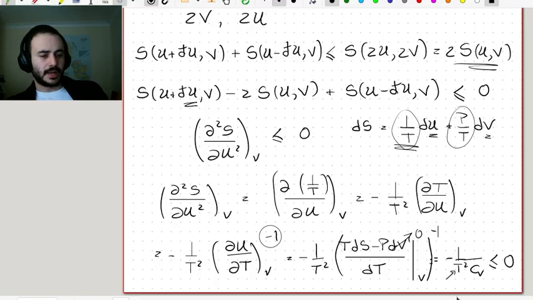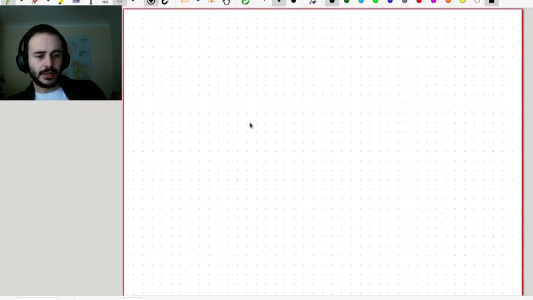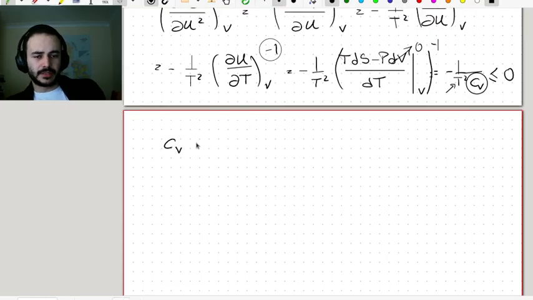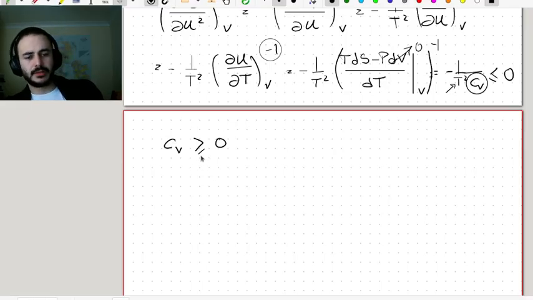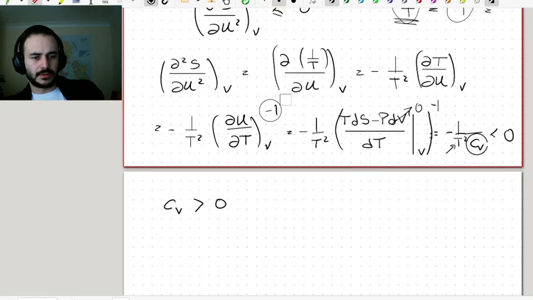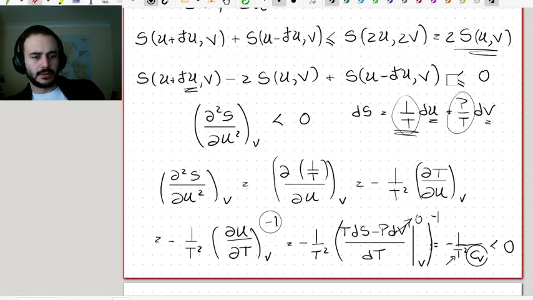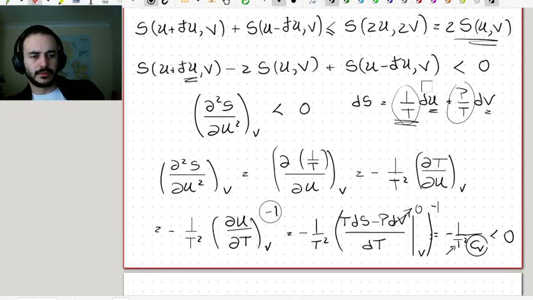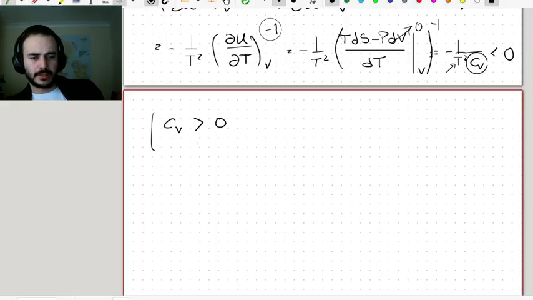The absolute thermodynamic temperature is positive and is squared on top of everything, which means that if this number is going to be negative in general, then the heat capacity at constant volume is necessarily a positive number, or if you like, larger or equal than 0. From the beginning, we could have said this was just strictly smaller, which I think is actually better to do. So what you get is that the heat capacity at constant volume is larger than 0. Okay, so that's our first proof.